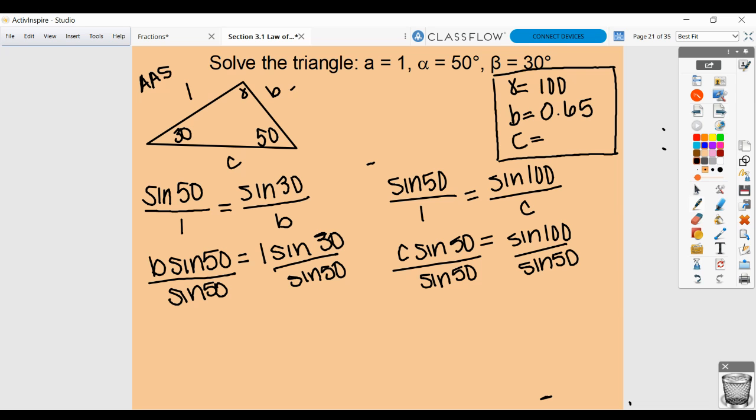So sine of 100 divided by sine of 50 is 1.28. Now you might think that those numbers are wrong, but if you take a look at your angles and your sides, the biggest angle is 100, biggest side is 1.28, smallest angle is 30, smallest side is 0.65. So it is correct even if you got small decimals.